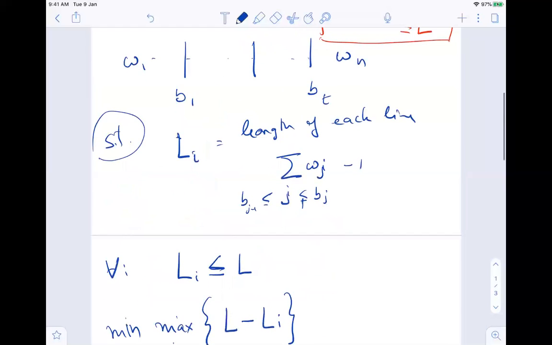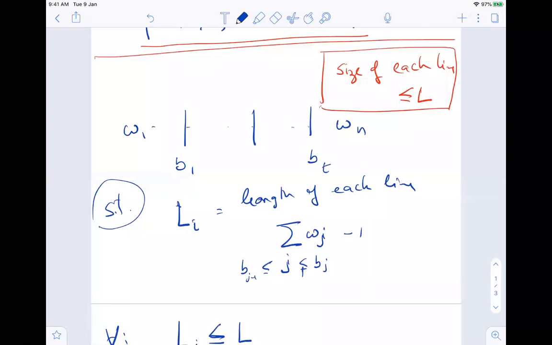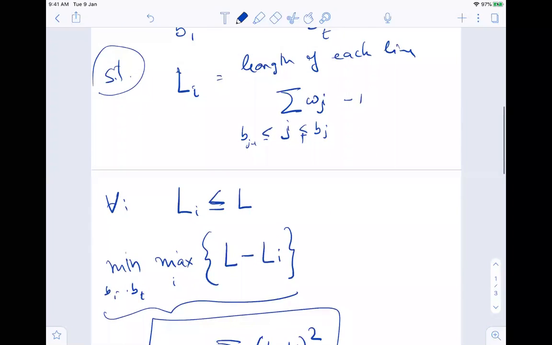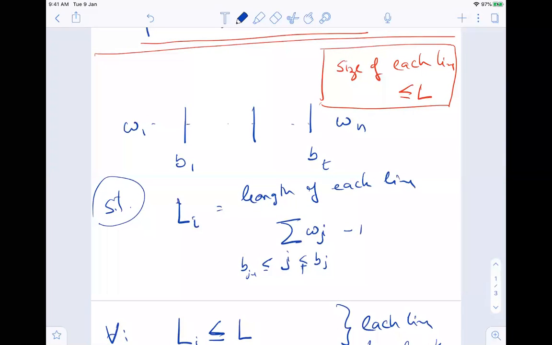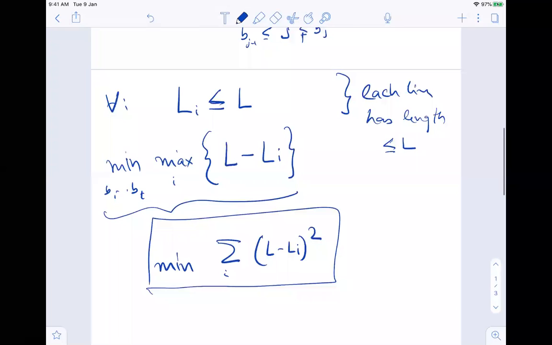So your goal is basically to come up with this partition such that, this is just saying that each line has length less than or equal to L. That is an important thing. And this is to minimize the slack.